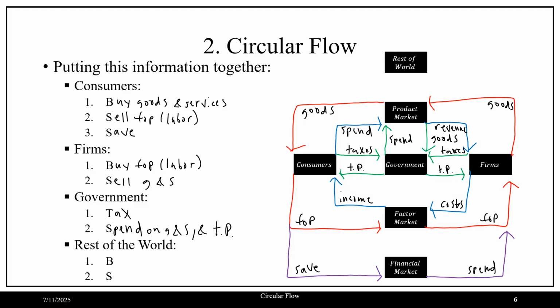Okay, for the rest of the world, what's a good color that I haven't used? Let's use orange. Okay, so in our product markets, our decision makers have a couple options available. We can have an arrow going up to the rest of the world and an arrow going down from the rest of the world to our product markets.